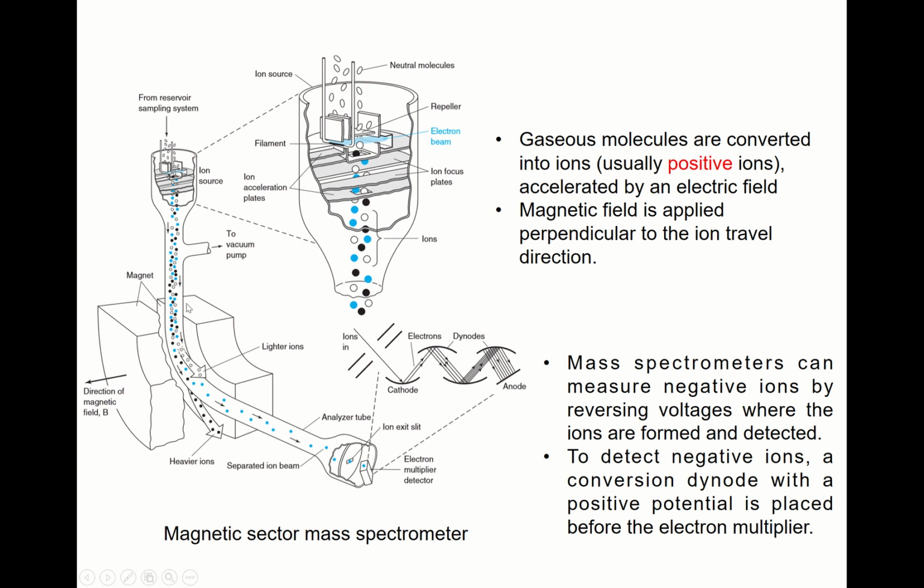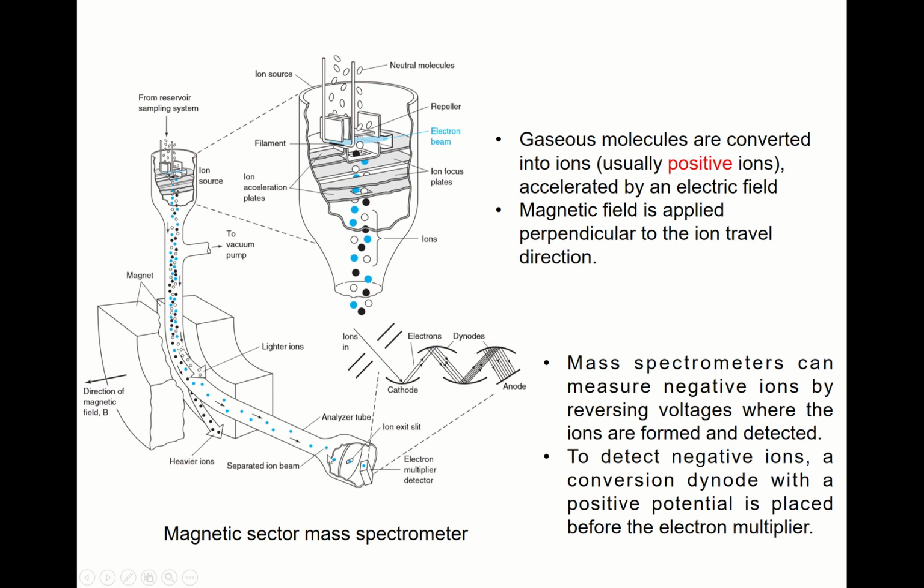Here, depending on the magnetic field and mass to charge ratio, and also the accelerating voltage, okay. It is not very clear here, but this linear path now becomes a circular path, okay.